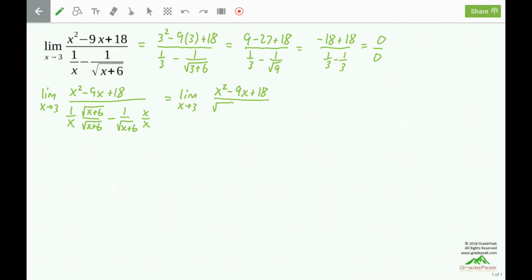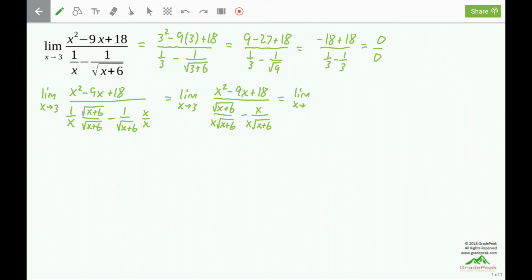and we will have, multiplying the numerators, the square root of x plus 6 times 1, multiplying denominators, x times the square root of x plus 6, minus, multiplying the numerators, 1 times x is x, over denominator x times the square root of x plus 6. We've now put them over a common denominator, and we can combine them over that common denominator.